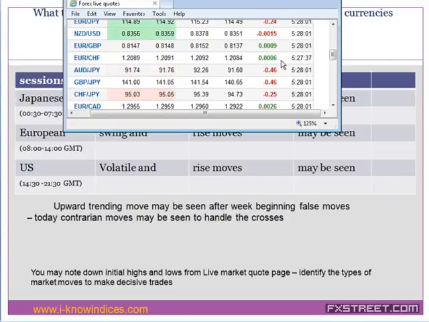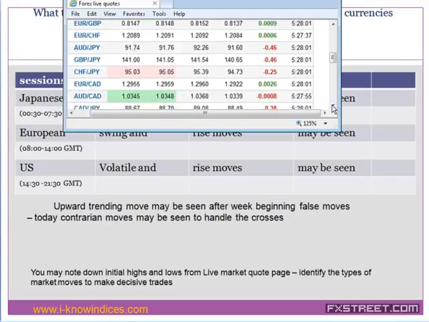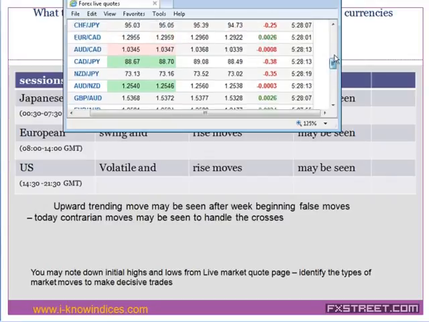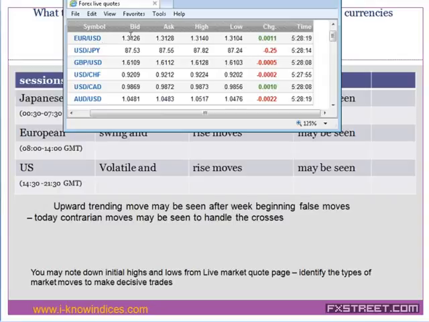Similarly, Euro Australian dollar: Euro is showing positive net change and Australian dollar is showing negative net change. So you find a big rise here. You can easily find how exactly they handle the crosses if you just go through the majors. They only make like a puppet show. They only make the moves in the case of the majors and the commodity pairs, with which they are able to bring in the volatility in all the crosses.